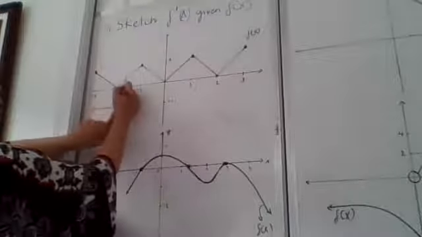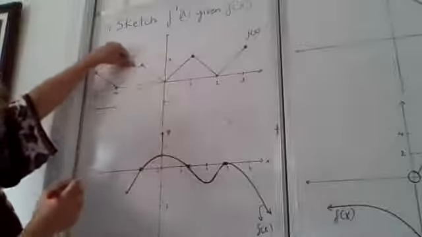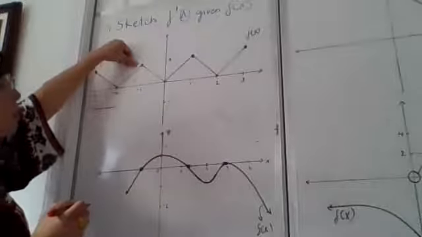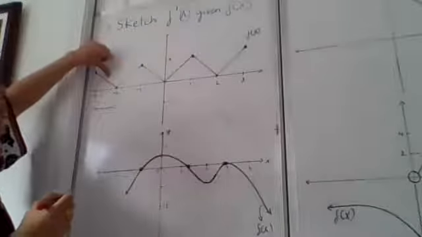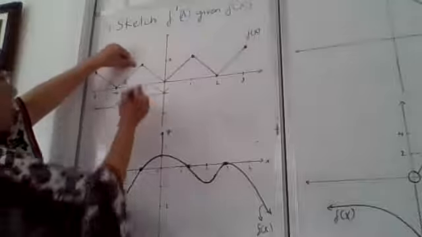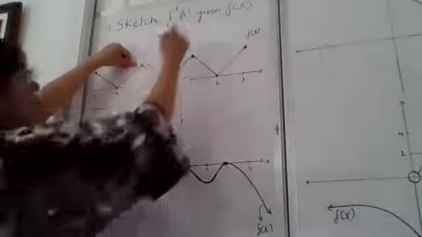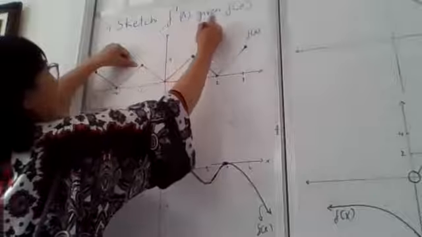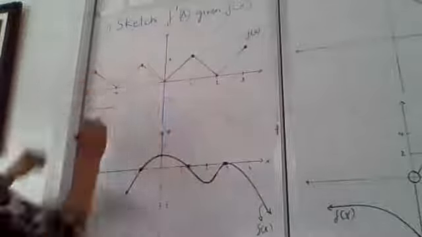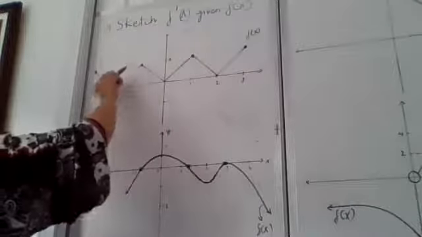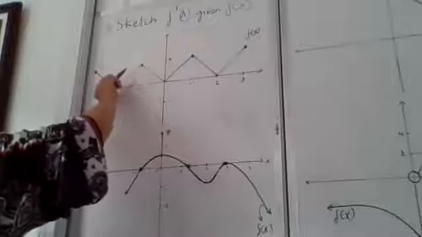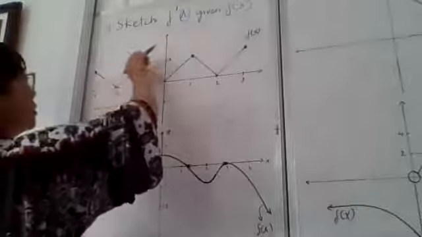So now let's look at the next segment of this linear. This linear has the same slope as this one, which is rise over run, 1 over 1. So the slope equals 1. However, the direction shows us that this linear is going up, so it's increasing.